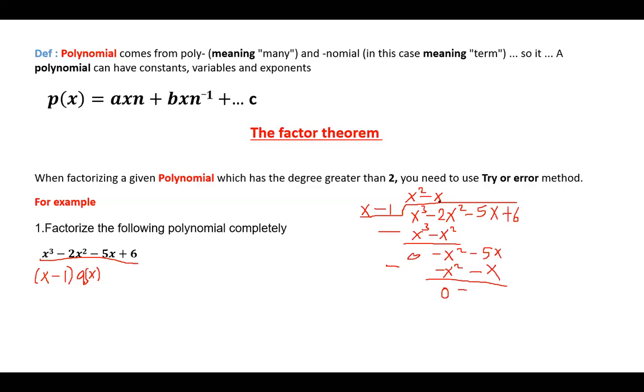Oh, sorry, when you multiply negative x times negative 1, you get a positive x there. So when you subtract, you are getting negative 6x. All right, it's now correct. I just made a mistake on multiplying.